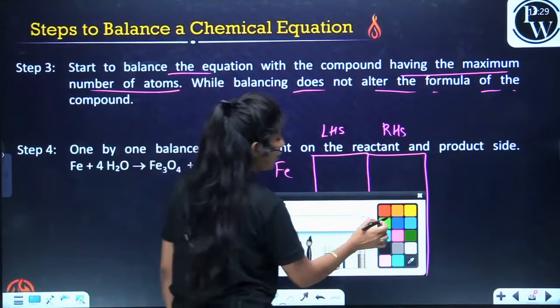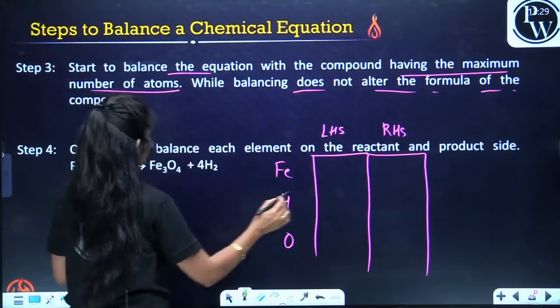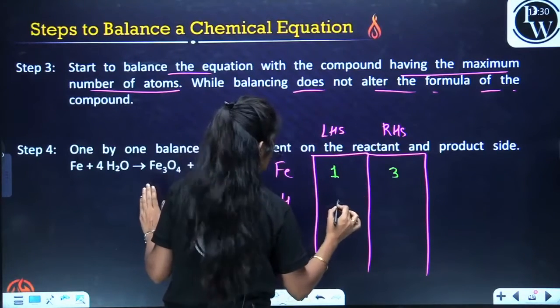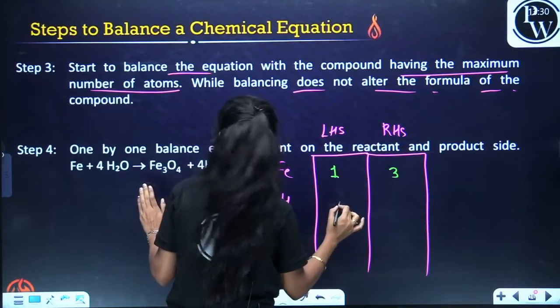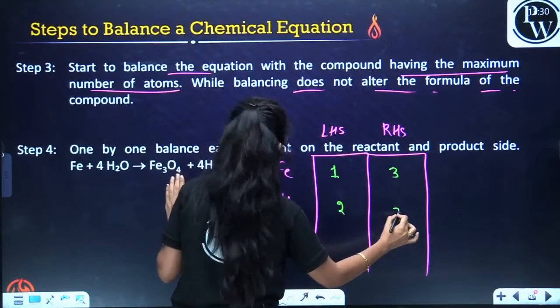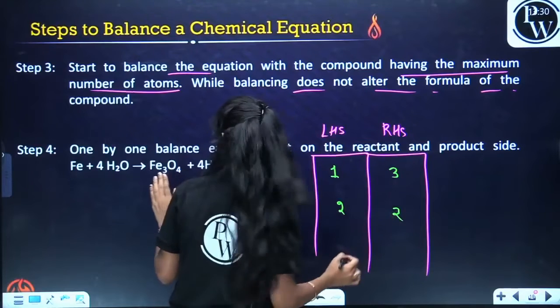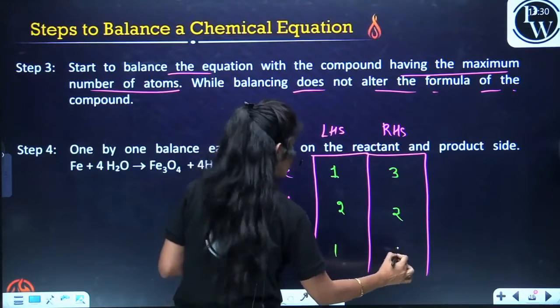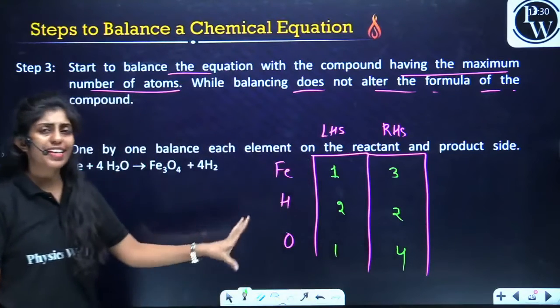Hydrogen is 2 and 2, oxygen is only 1 and 4. So this kind of arrangement we get.